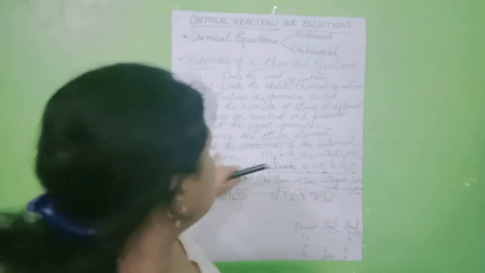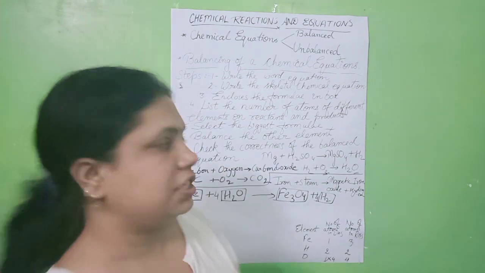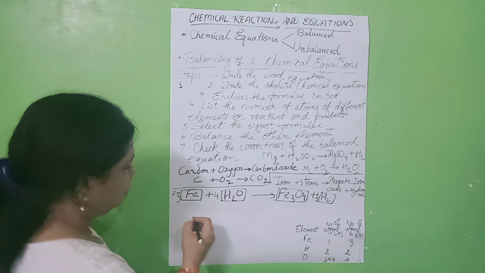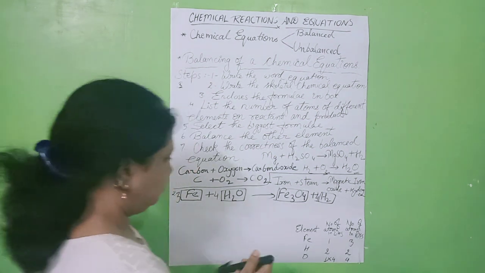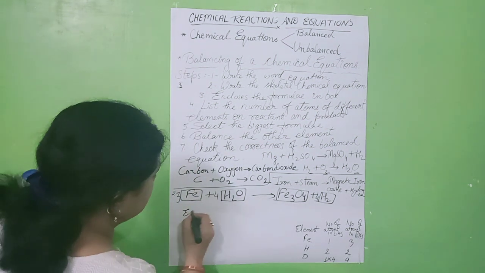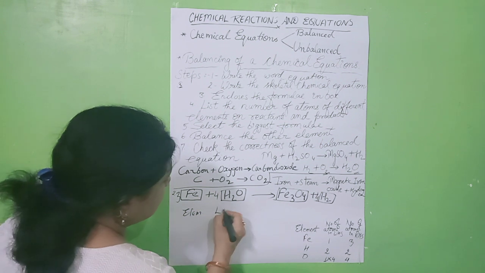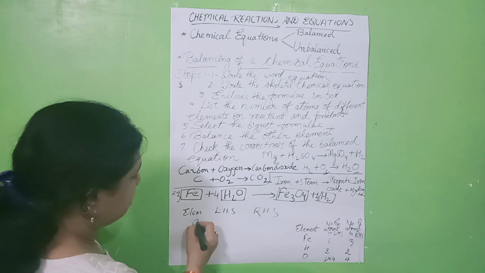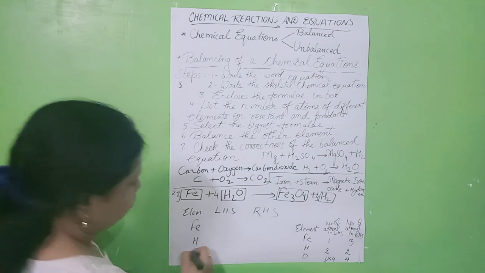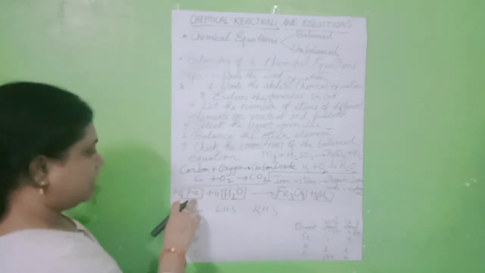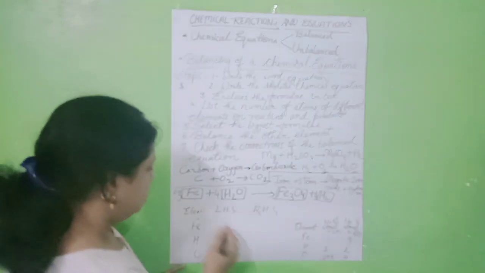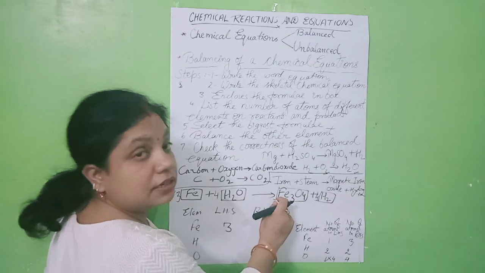Now check the correctness of the balanced equation. Again you write element, left hand side, right hand side, for Fe, H, O. Fe on the left hand side is 3, right hand side also 3.